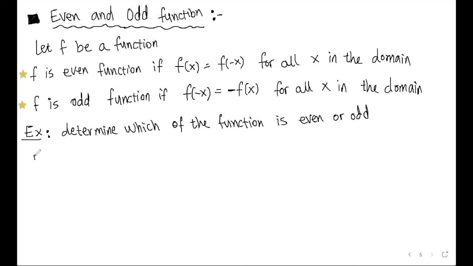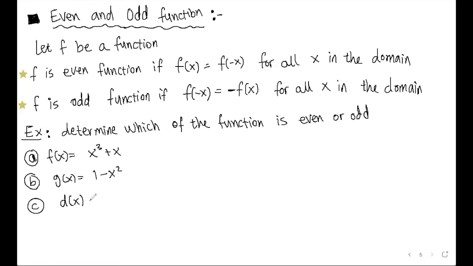The first one is a, f of x equals x cubed plus x. b, g of x equals 1 minus x squared. c, h of x equals 2x minus x squared.